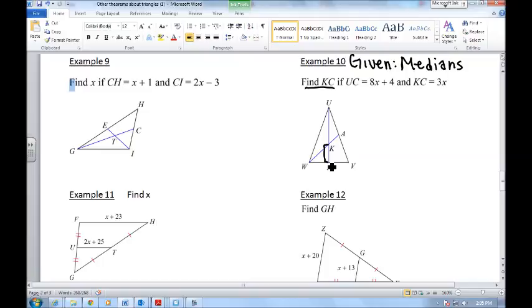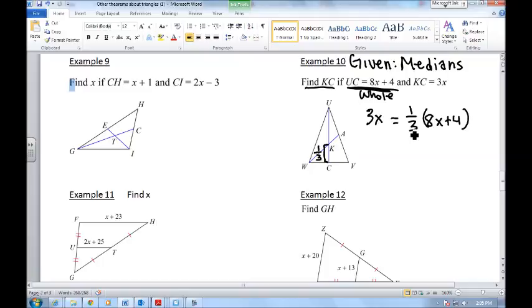It's 1/3 of the total, right? Okay, here's the total. The whole piece is 8x plus 4. Remember I told you, what do we multiply by the whole? We multiply the fraction, right? Sean said 1/3. You multiply the fraction by the whole.